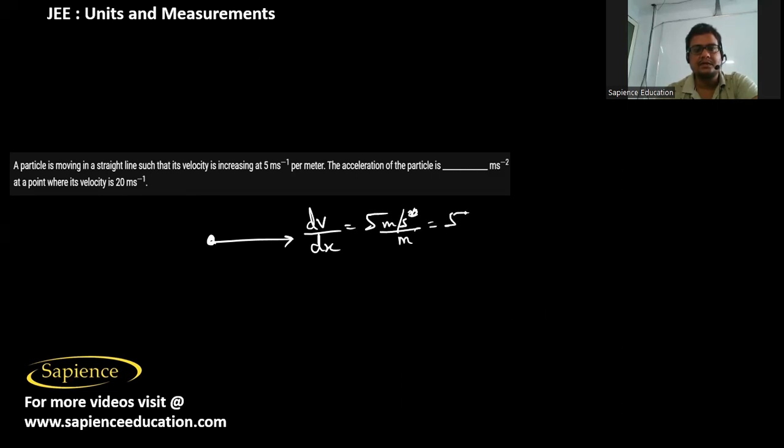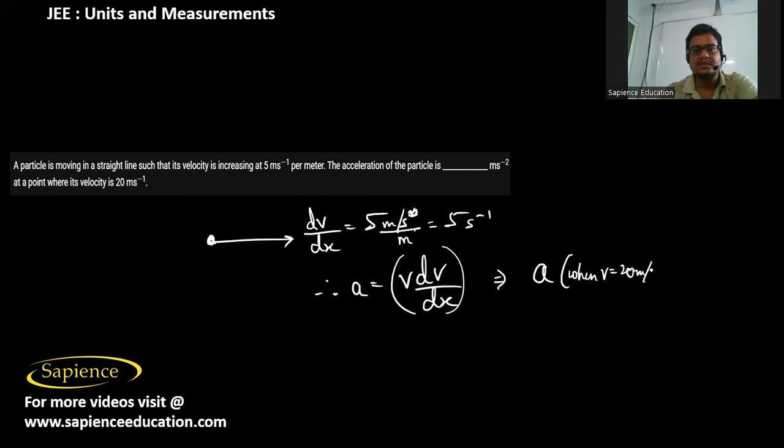It means I can say 5 per second. We have to find the acceleration of the particle at a point where its velocity is 20 meter per second. Therefore, the acceleration, as you know, is v dv by dx.